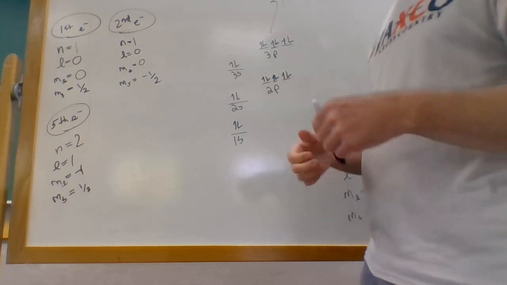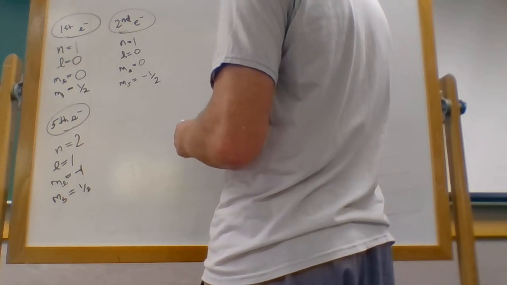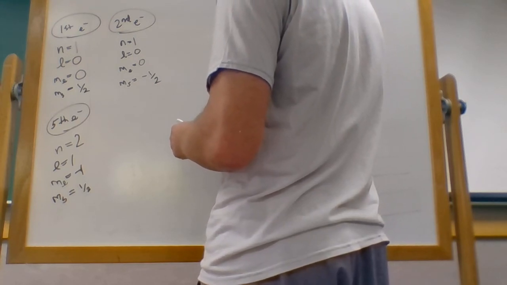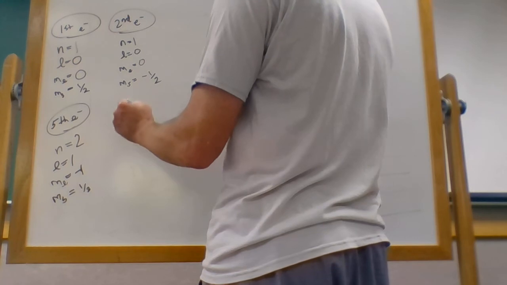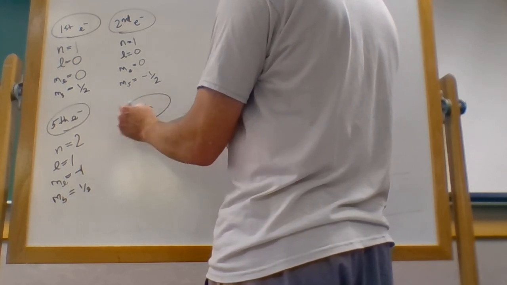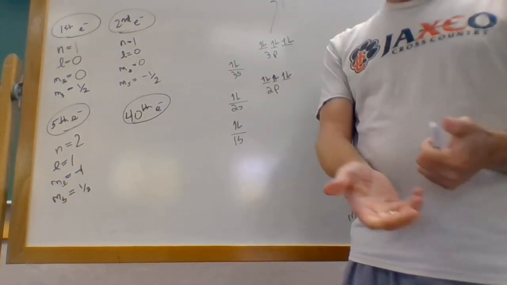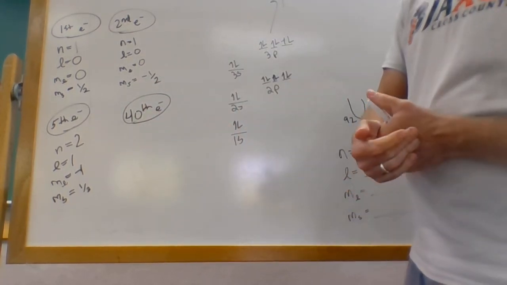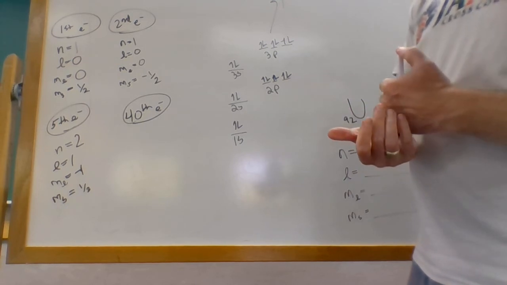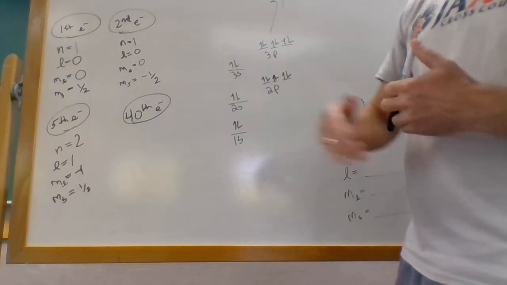So then let's say, what about the 40th electron? The 40th electron, if you look at a periodic table, is in the D block, and it's on the 5th row of the periodic table.